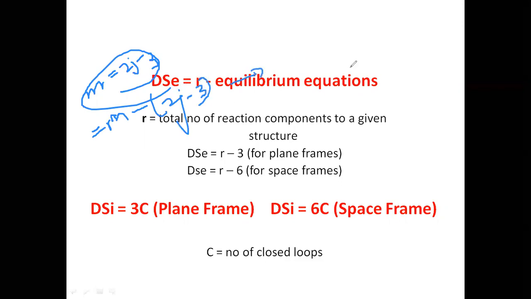This is for a pin-jointed plane frame. Similarly, for a space frame, it will be M minus 3J minus 6. For rigid frames, it is given over here, it is 3C for a plane frame and 6C for a space frame.